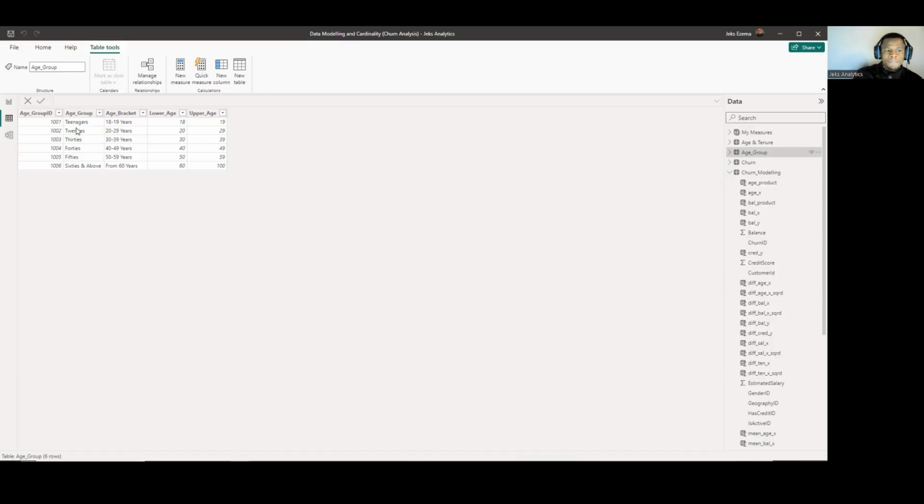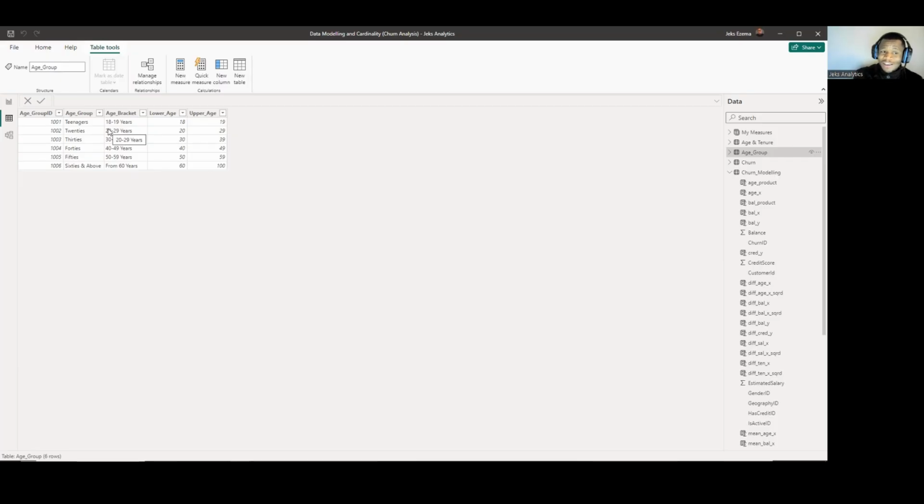So you can see teenagers, 20s, they are given age group keys or IDs. So what that means is wherever we see 1001 teenagers, it is telling us that it's a key for all the ages between 18 and 19.